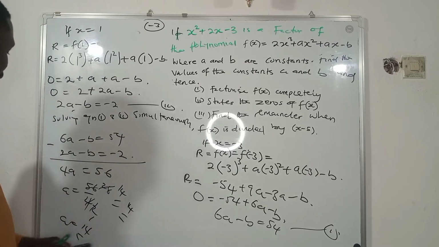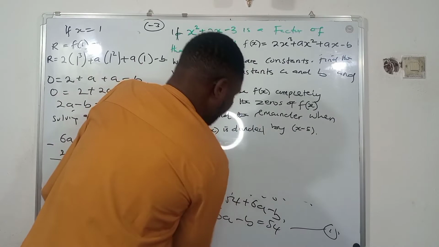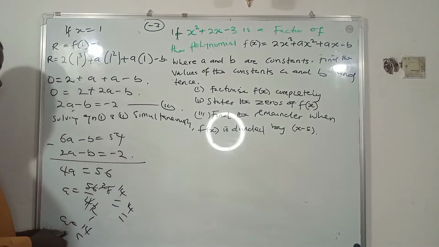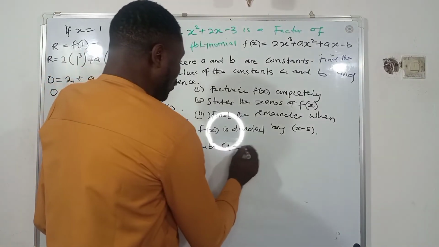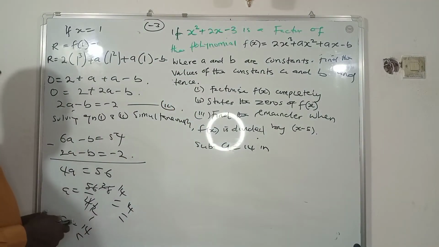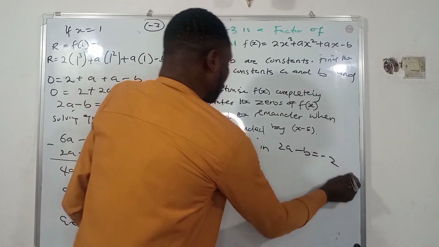Now, having gotten the value of A, we can quickly get the value of B. For you to get the value of B, you can substitute a equal to 14 in either of the equations. I may decide to substitute in equation 2, that is 2a minus b equal to minus 2.